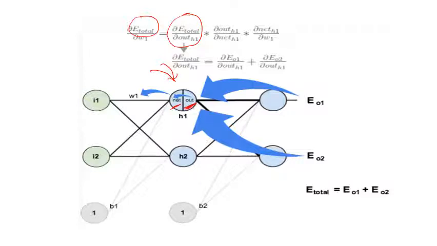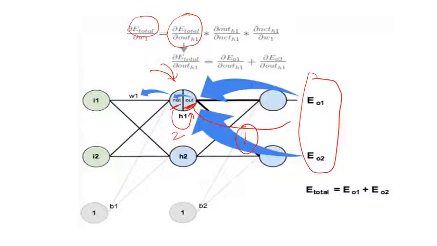This was my total error, this is my first step. Then I take a derivative of out with respect to net, this is my second step. And finally I will take a derivative of net with respect to w, this is my third step, right? And then I will multiply all these and I will calculate the gradient and I update my w likewise, right?